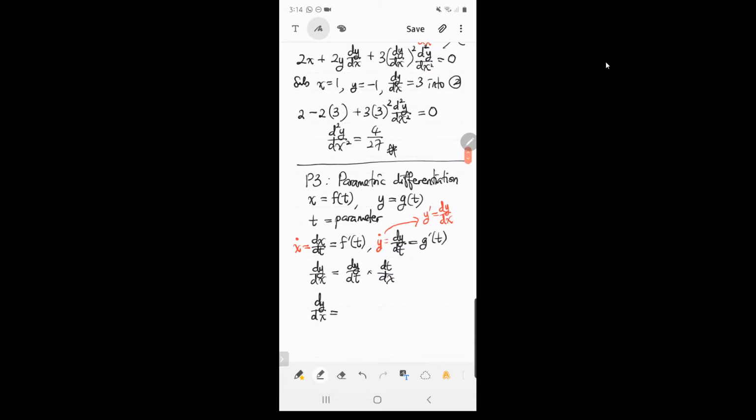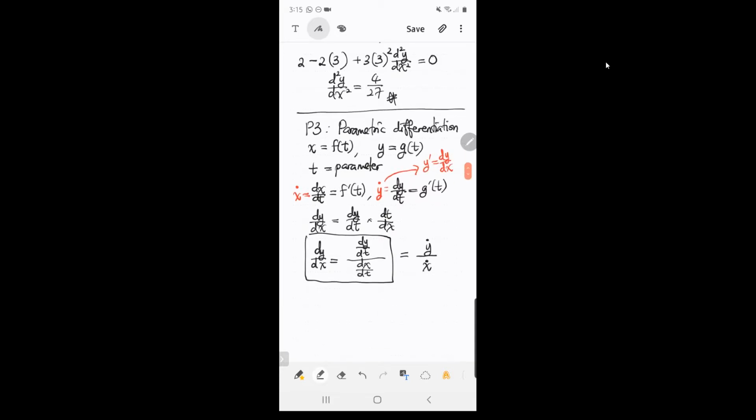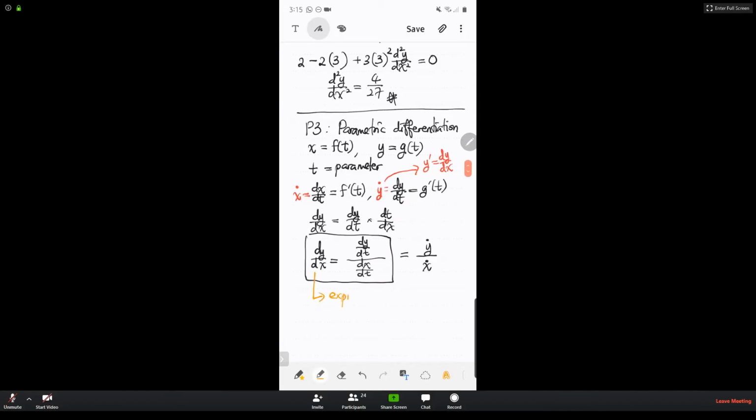So you have dy/dt over dx/dt. So this is what you have in P3. You can also write this as y dot divided by x dot. Now you have to take note. When you find the dy/dx this way, your expression is actually in terms of t.